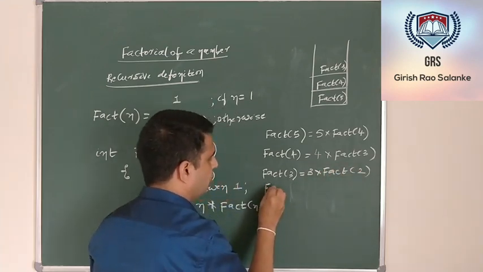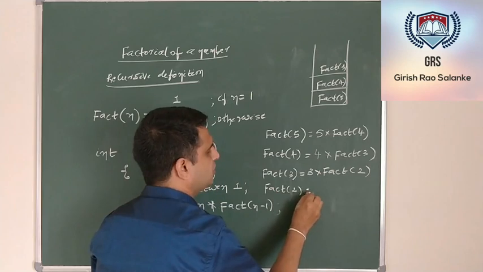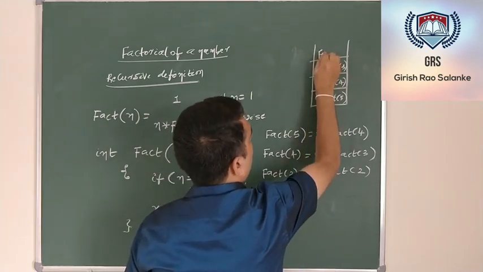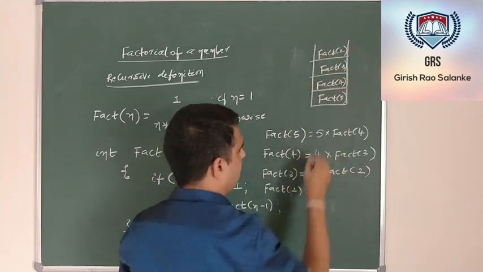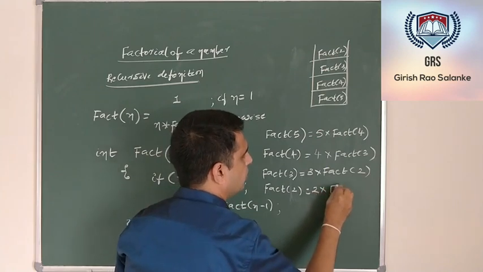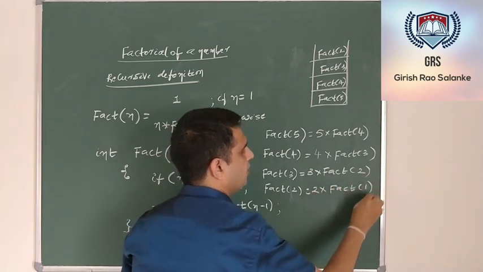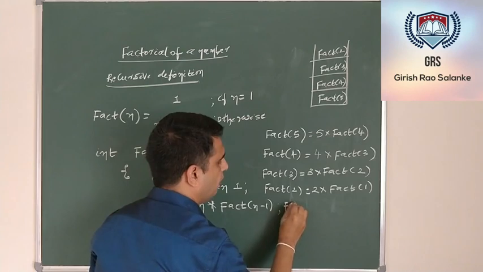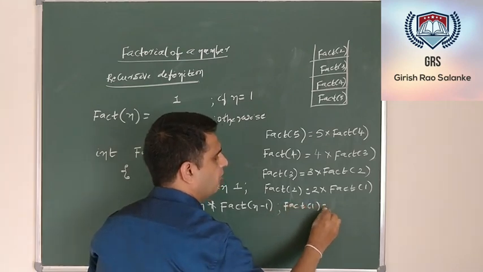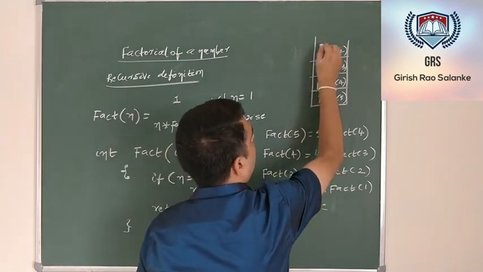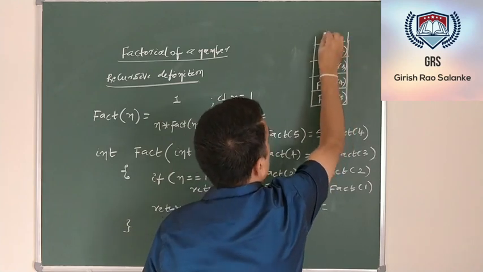Now fact of 2 will be pushed onto the stack, and it can be expressed as 2 into fact of 1. Now I call fact of 1, so fact of 1 is pushed onto your stack.